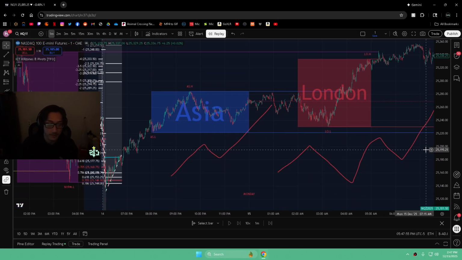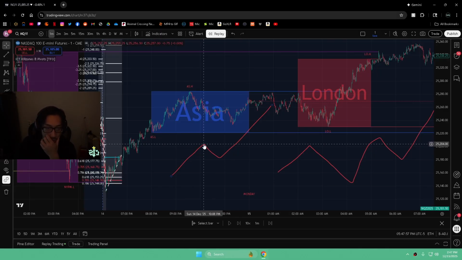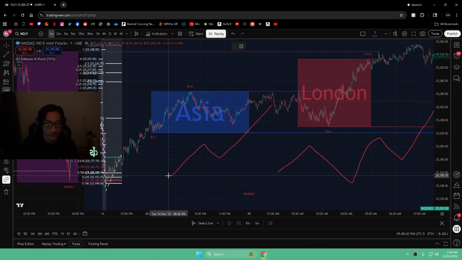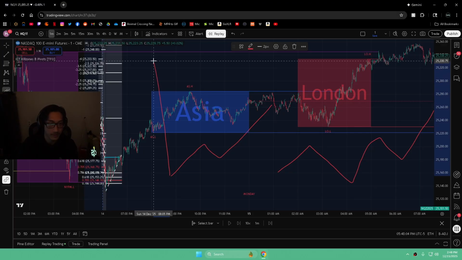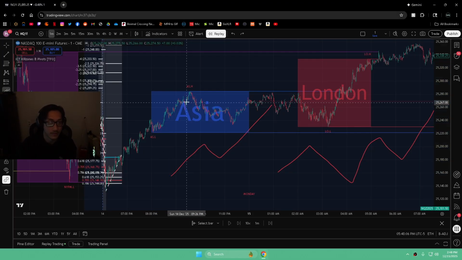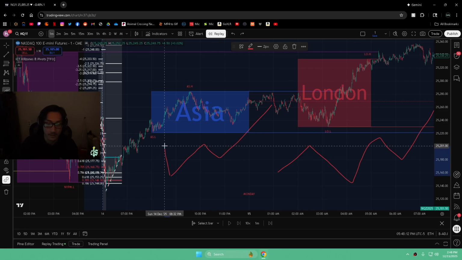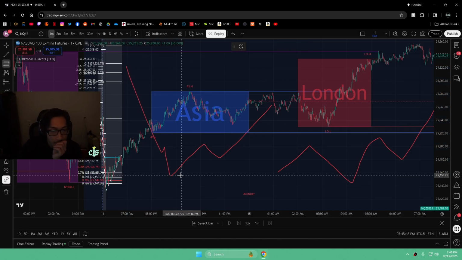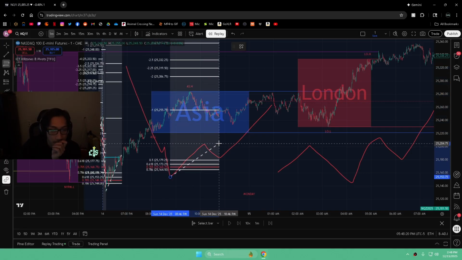But basically, the whole range, right? Say market was going like this. As soon as it breaks it, that would be your range.